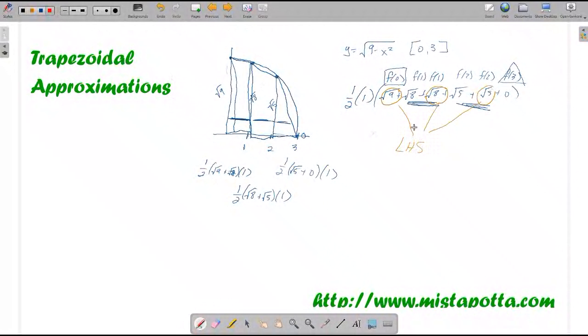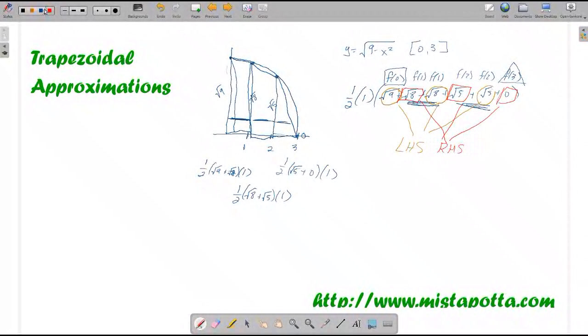And these terms here, this radical 8, radical 5, and 0, are really my right-hand sum.